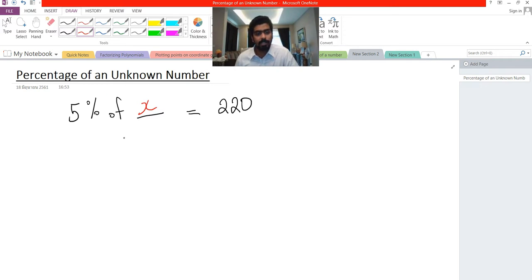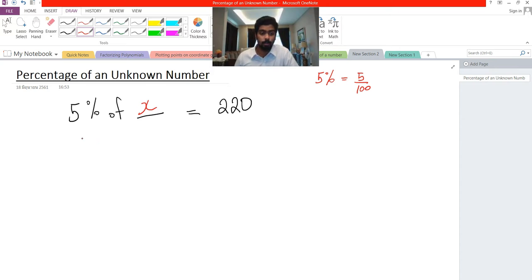Now we are going to change all of this into full mathematical terms. 5%, we are going to convert into a fraction. So 5% is 5 over 100. And "of" means multiply.